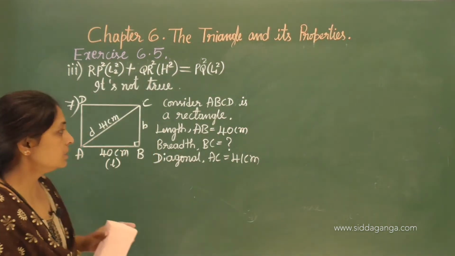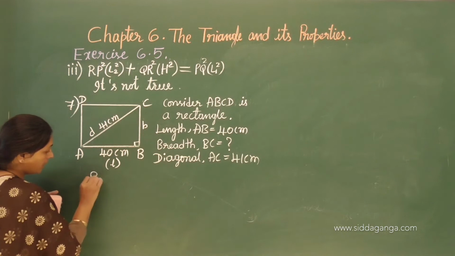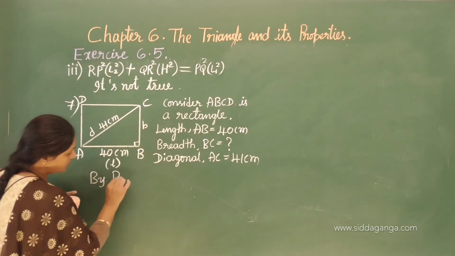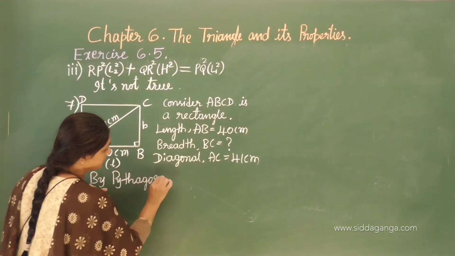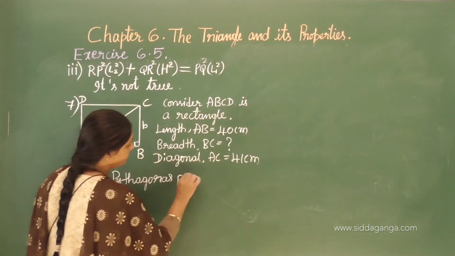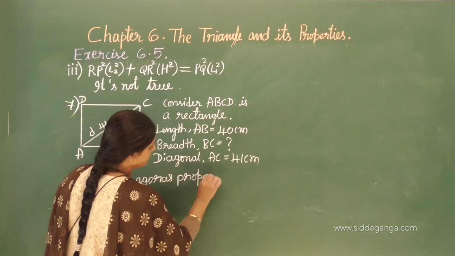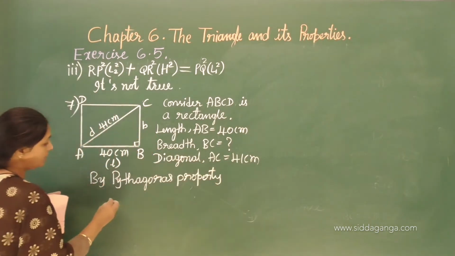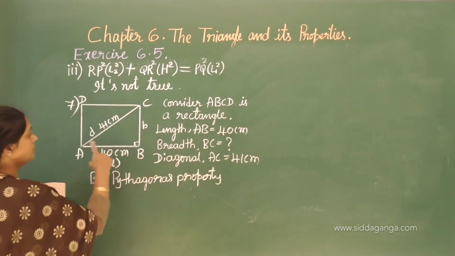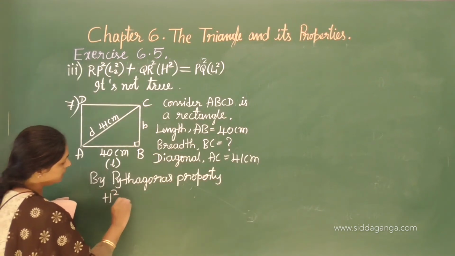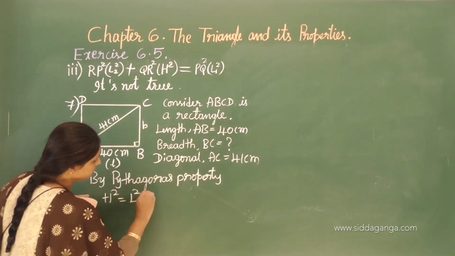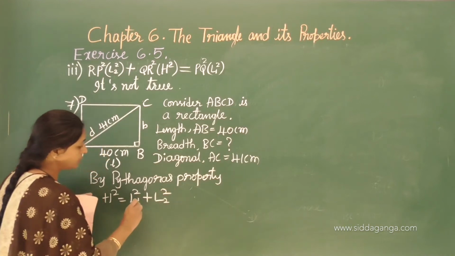We can use Pythagoras property. What can we write? Which is hypotenuse here? That is AC, the diagonal. H square is equal to L1 square plus L2 square.